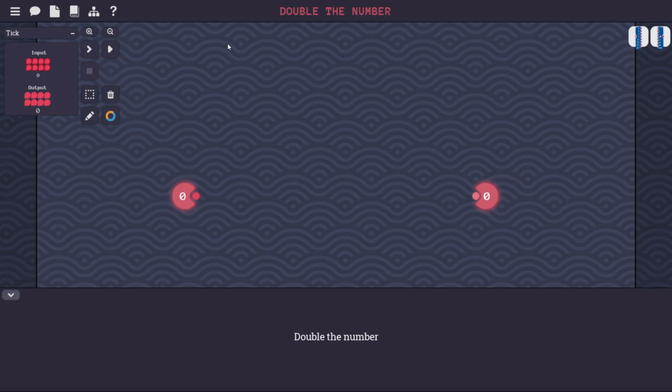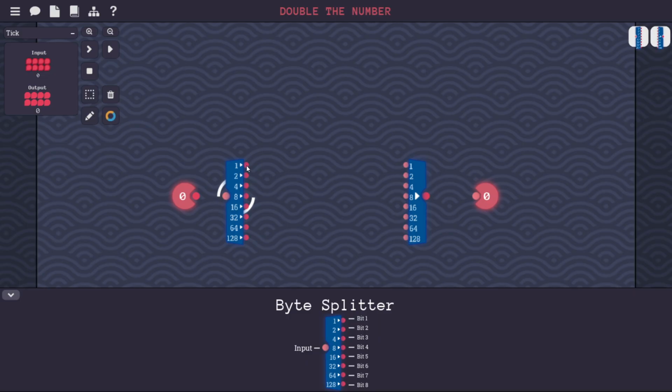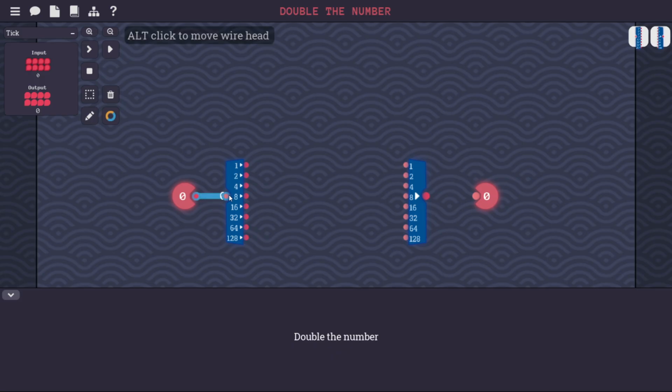What does that mean? Okay, we do have one component which is called a byte splitter, and we have a byte maker. So we're told a byte is 8 bits. If you count these pins, they are 8 outputs.